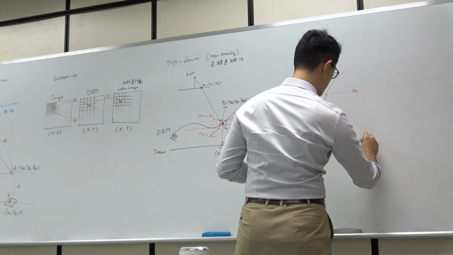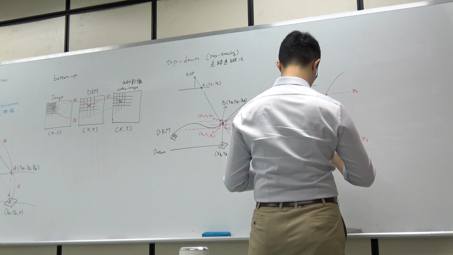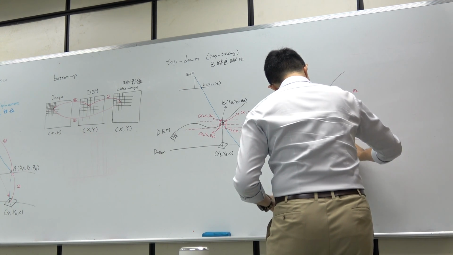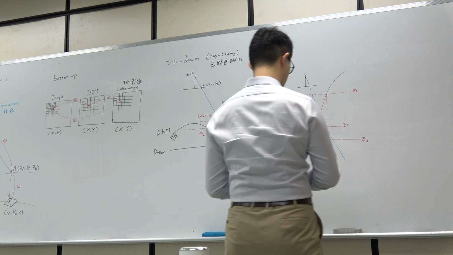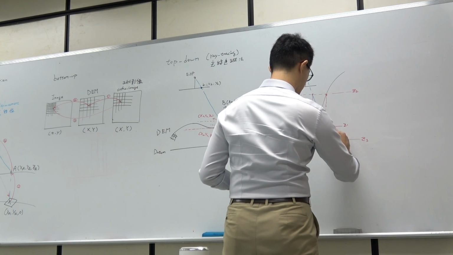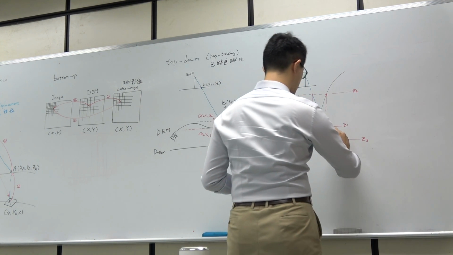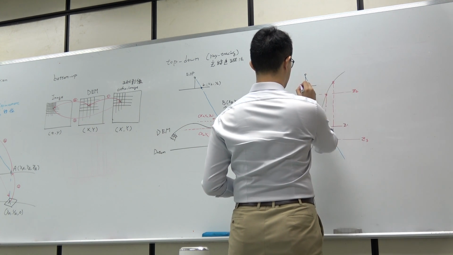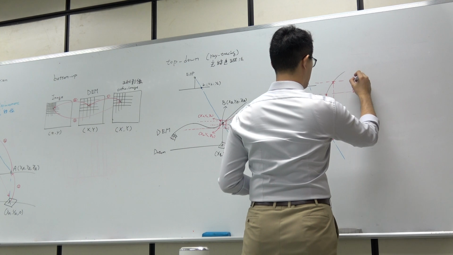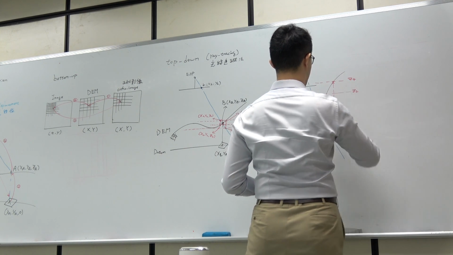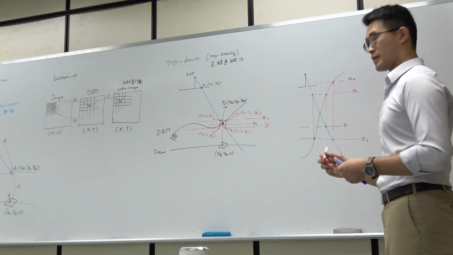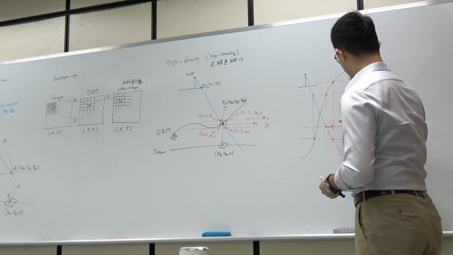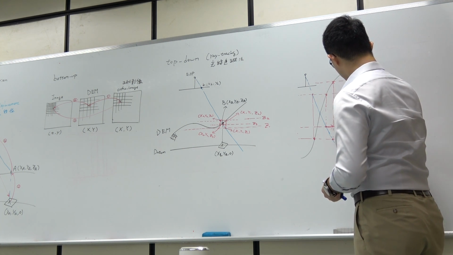It becomes your Z3, and you will intersect with your light ray here, and then go way out to here. Will be your Z4 and so on and so forth.